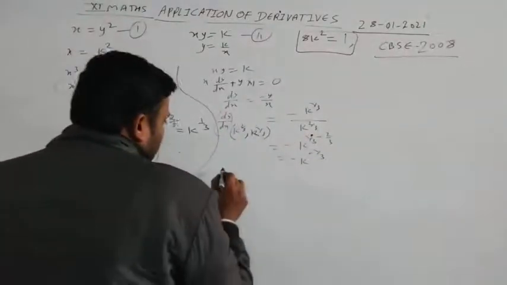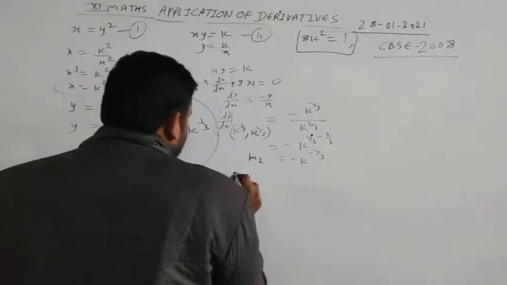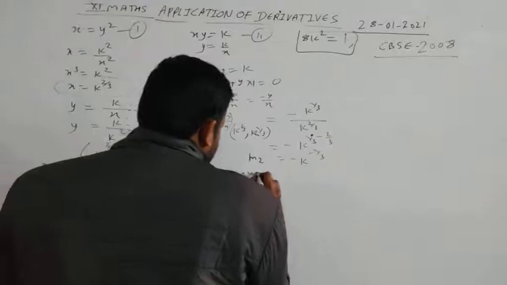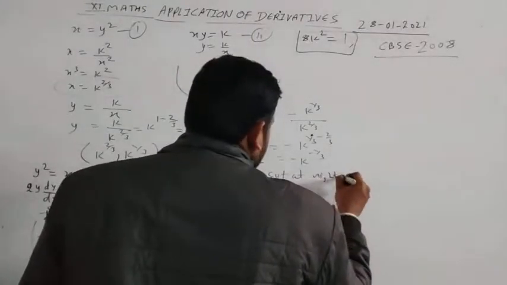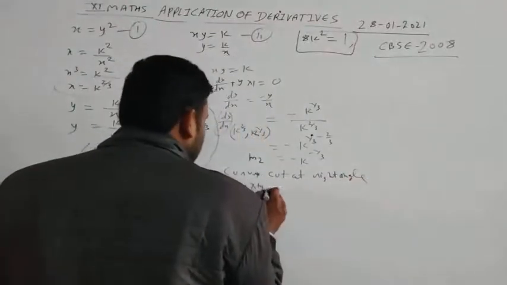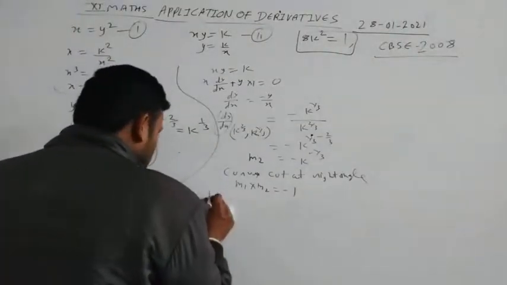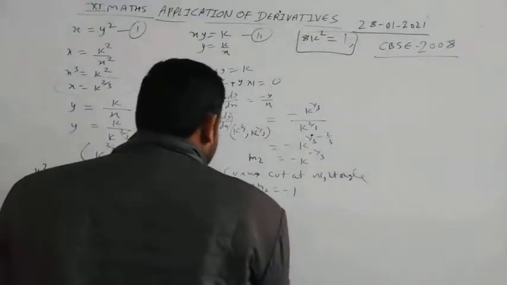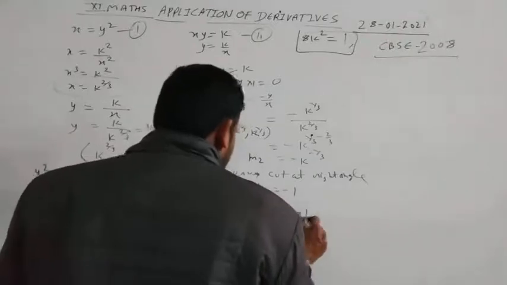Okay, now, student, you know this is our m2, and the two curves cut each other at right angle. So you can say that m1 into m2 is equal to minus 1. So m1 is 1/(2k^(1/3)) into m2, which is minus k^(-1/3), equal to minus 1.